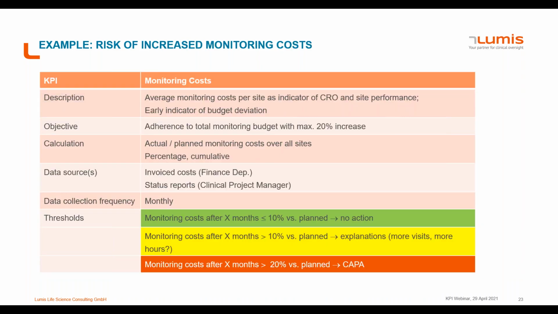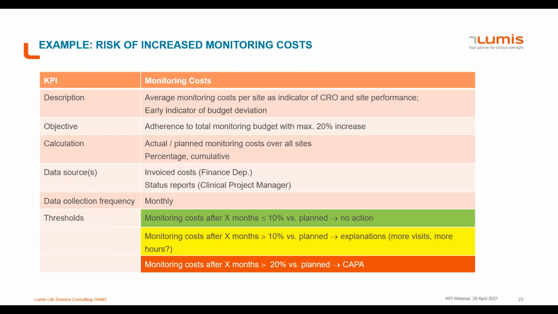The second example is related to budget. And here we have chosen the key performance indicator of monitoring costs. The risk is the increase, of course. And here we see that this KPI should help us to get information on the average monitoring cost per site as an indicator of the CRO and site performance.